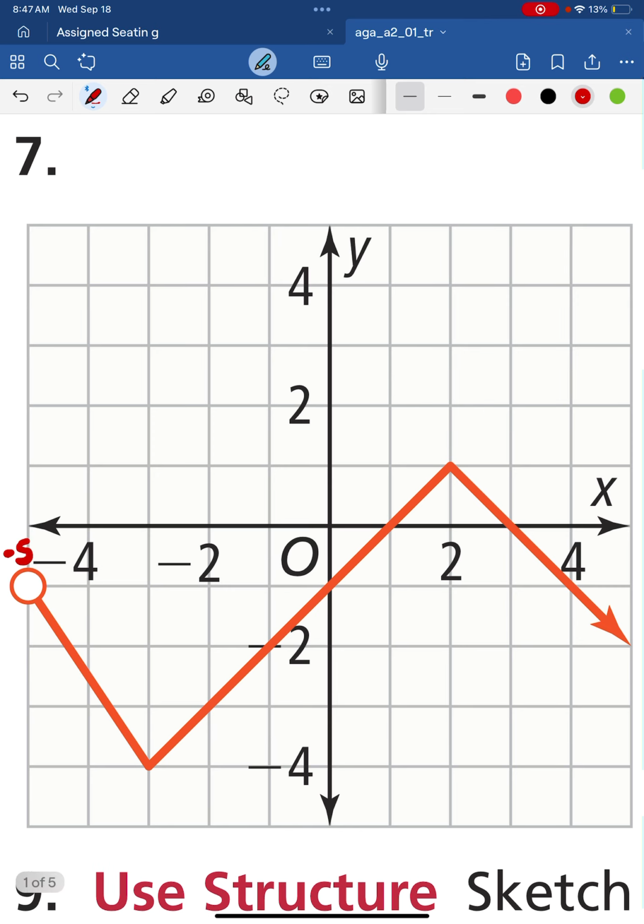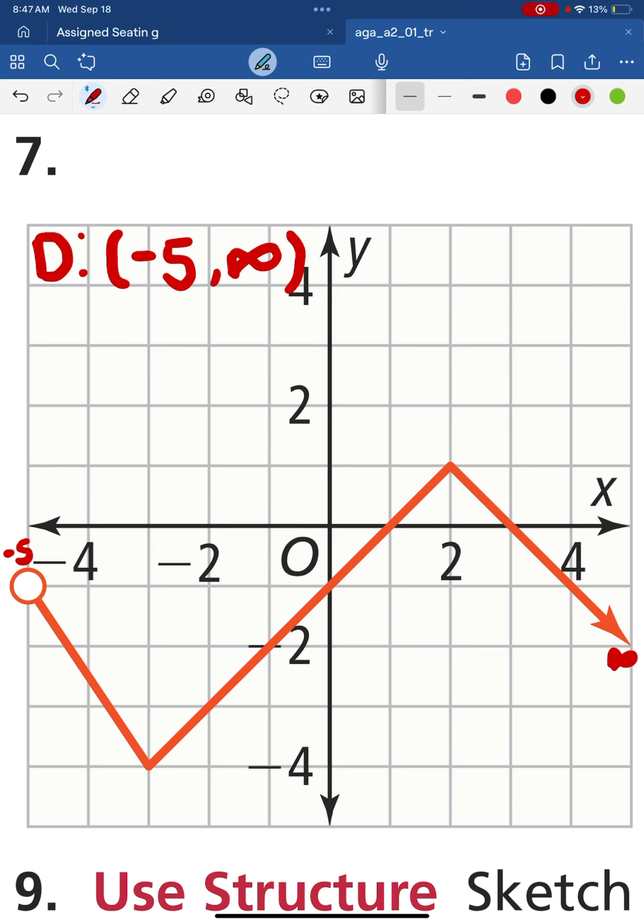My largest x value, well, it looks like with this arrow, that means that it keeps going on and on and on. So I know that this goes towards positive infinity. So my domain is -5 to positive infinity.